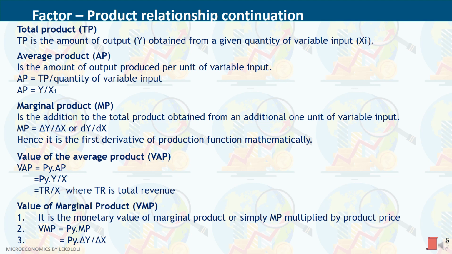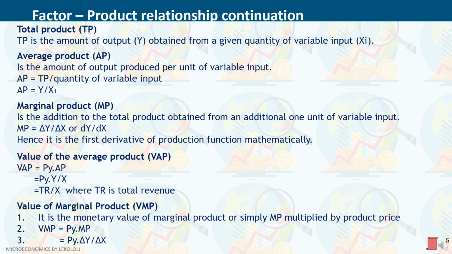You can also express it as VAP is equal to P by Y out of X, where TR replaces PY, to give you the total revenue. VAP helps you understand the financial returns you are getting from each unit of input in your production process.